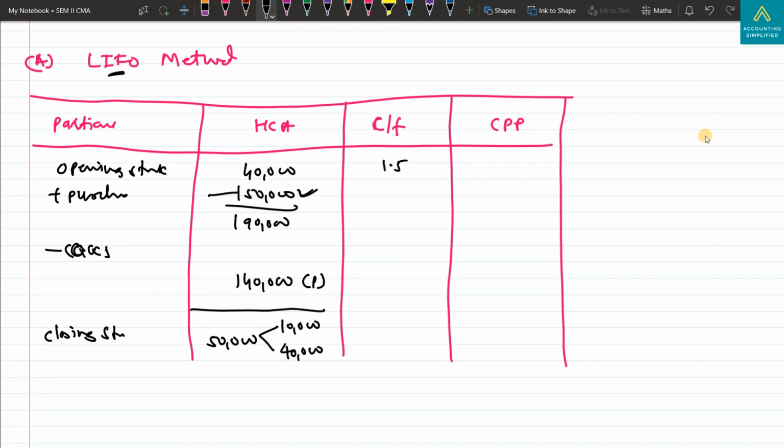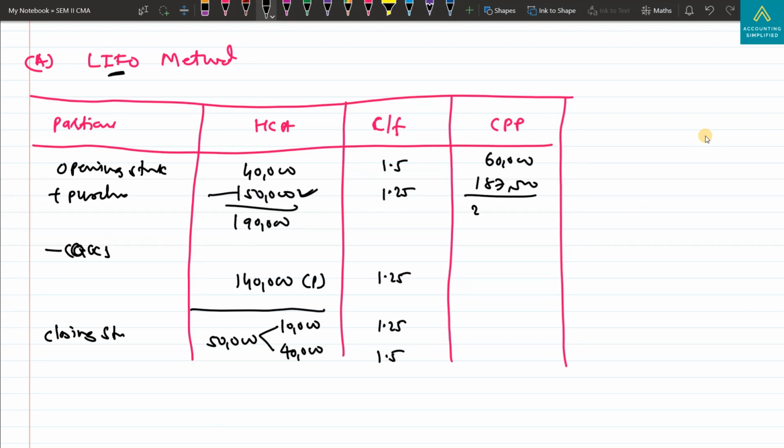So according to that I am writing this is 1.25, then again 1.25 because average purchase, this is 1.25, and 40,000 is from the opening stock, so 1.5. So now I am doing total 60,000. This is 1,87,500.